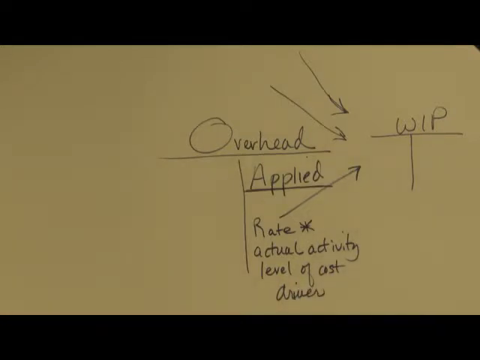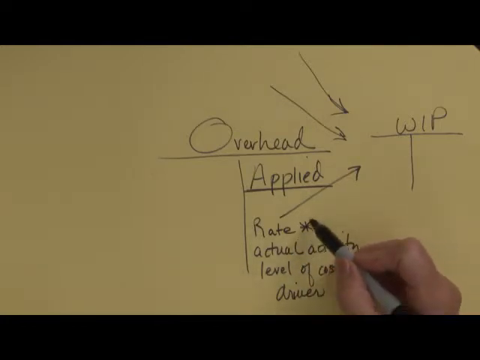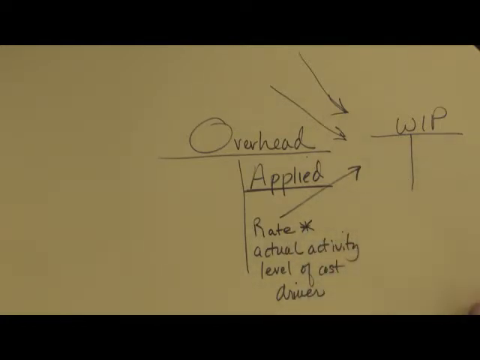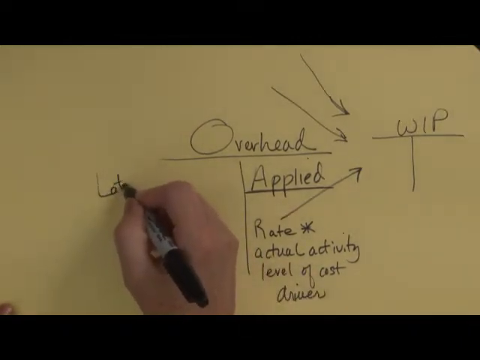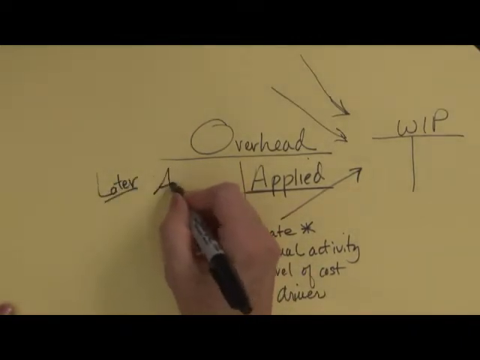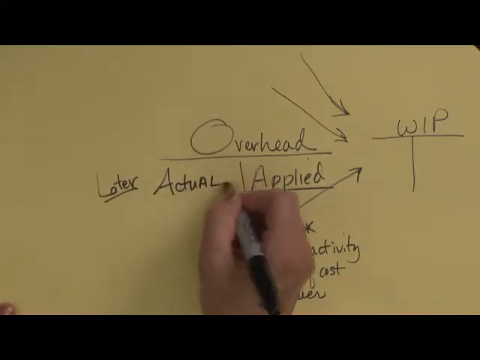Now, what will happen later is, even after these overhead costs have been applied and sent on to the work in process account, later the actual amount of overhead will be determined.